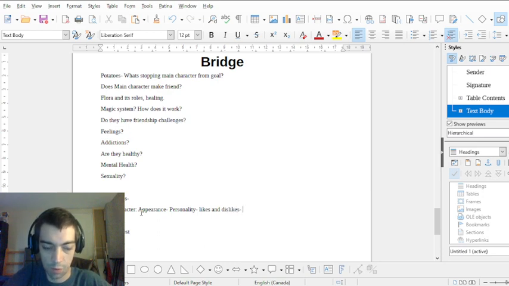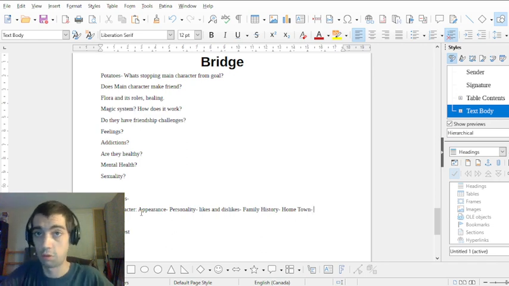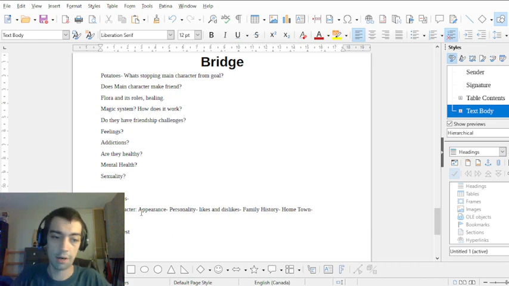We want their family history, right? We want to know where they came from, who they're from, hometown. This is something I find is never really added into the character detail sheets because most of the characters start off in their hometown. However, sometimes it's nice to have that noted aside, right?